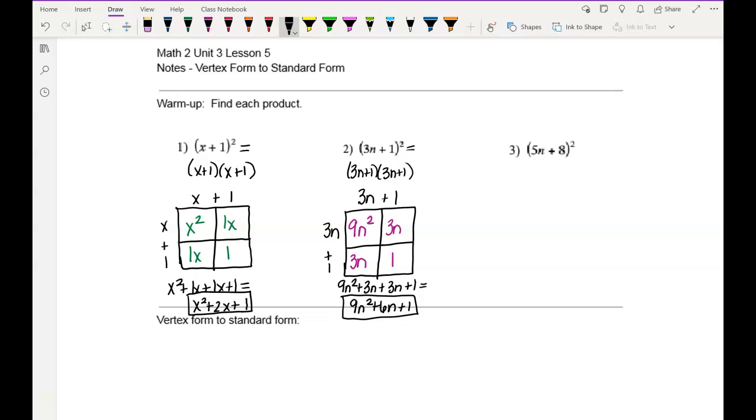Number 3, the quantity 5n plus 8 squared. So that's 5n plus 8 times 5n plus 8.